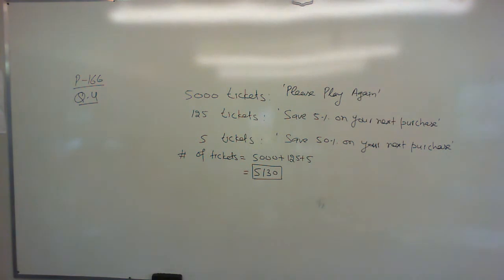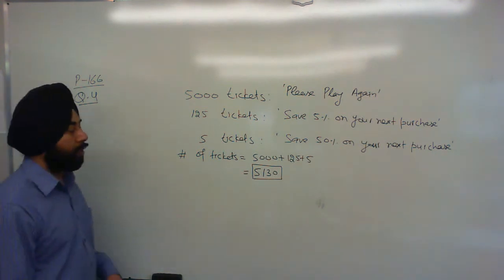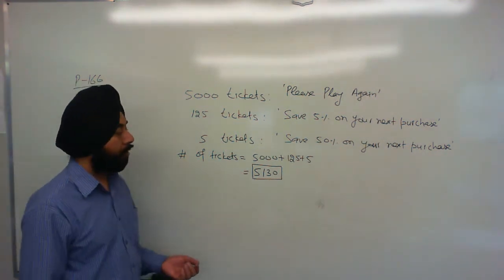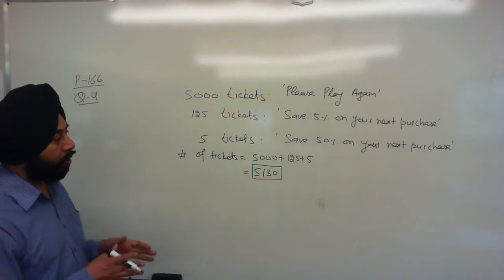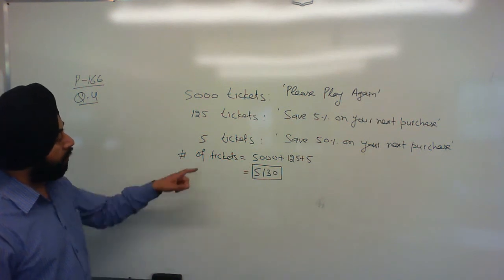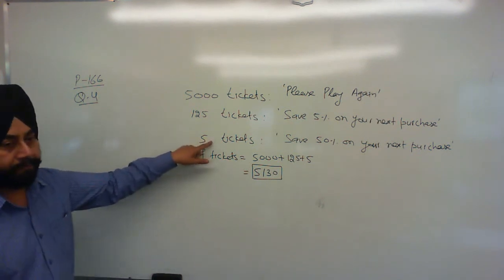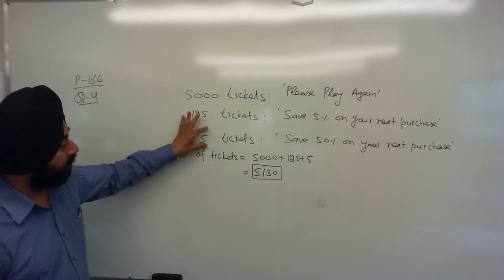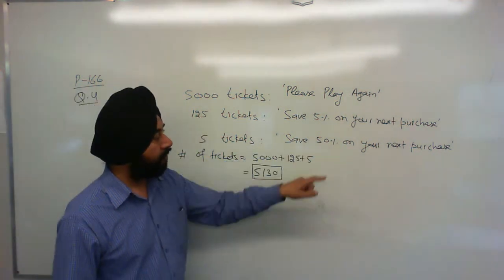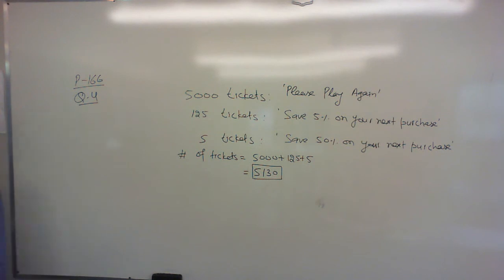Now the first question, question A: what are the odds in favor of getting a ticket offering 50% off? Let's say you go to that store and they give you a ticket. What are the odds in favor of you getting a ticket out of these 5? The odds in favor of getting a ticket that says 50% on your next purchase. 5 to 5,125.